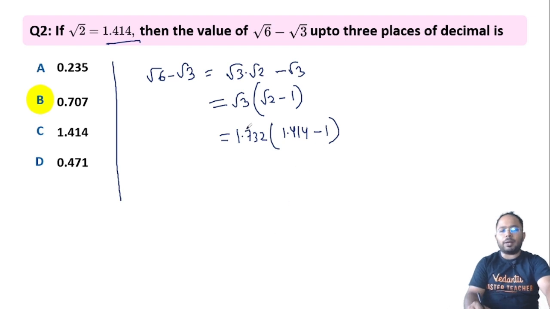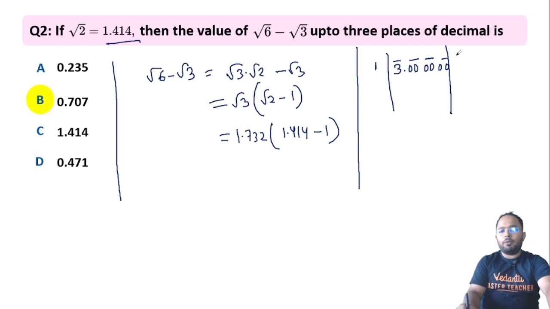If somebody has difficulty in finding out the square root of 3, they can use the process of finding out square root. 3.0000, I can take. I can make the pairs like this. 1 ones are 1, that gives 2. 00 gets here, a decimal here. Now 1 plus 1 becomes 2.